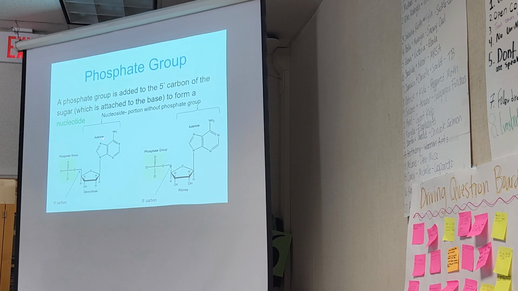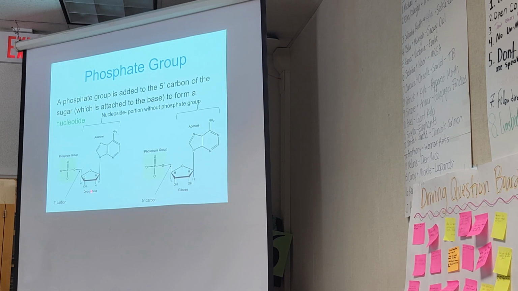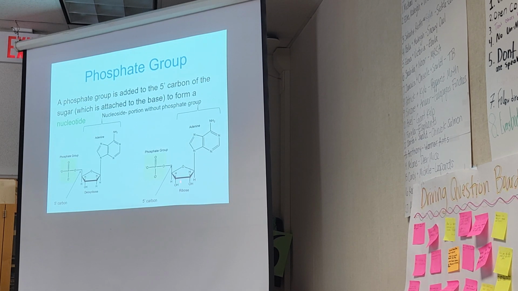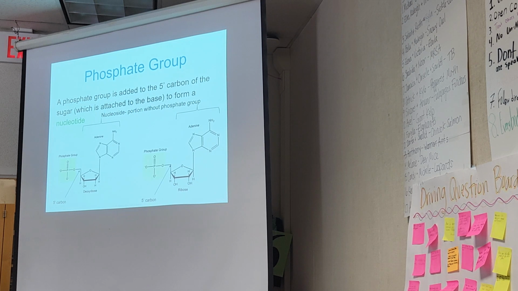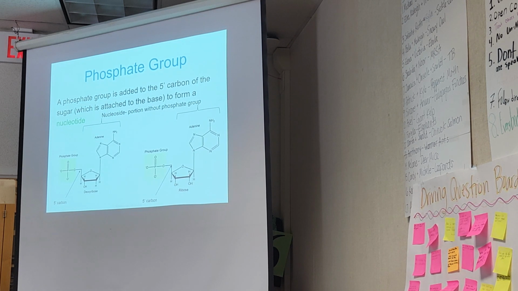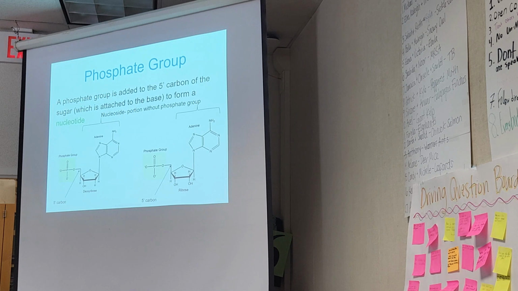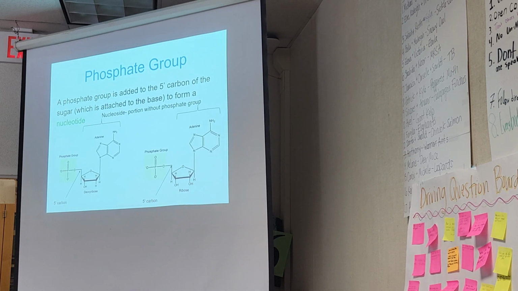Here's the nucleoside, the portion without the phosphate. And then the phosphate group, and then our sugar. Remember ribose and deoxyribose? What's the difference between ribose and deoxyribose? It's missing the oxygen, right? So deoxy, it's deoxygenated, I guess you'd say. Cool.